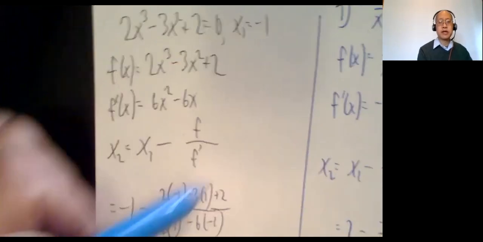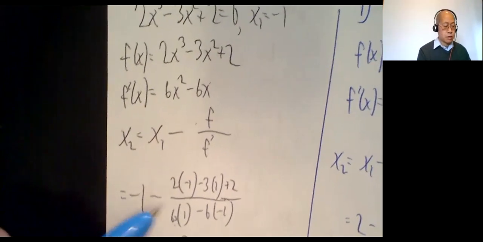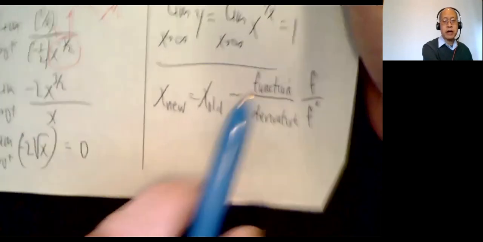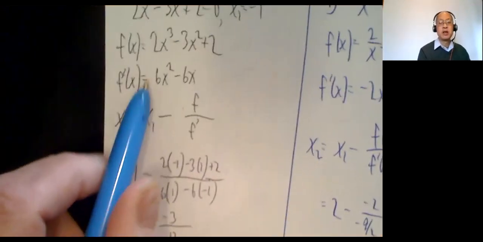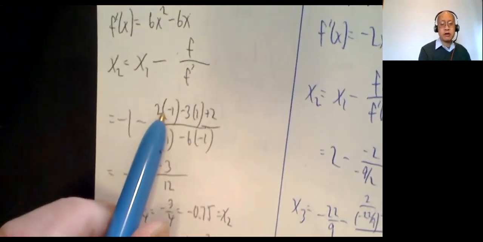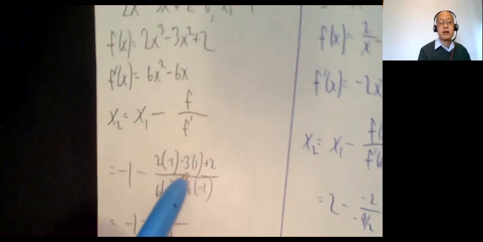So x1 is my first guess, -1. Minus, all right, then it goes function divided by derivative. Okay, the x new is the x old minus function divided by derivative. Okay, so I plug into the function, 2x cubed minus 3x squared plus 2. Plug in -1. -1 goes there, -1 goes there, -1 goes there.